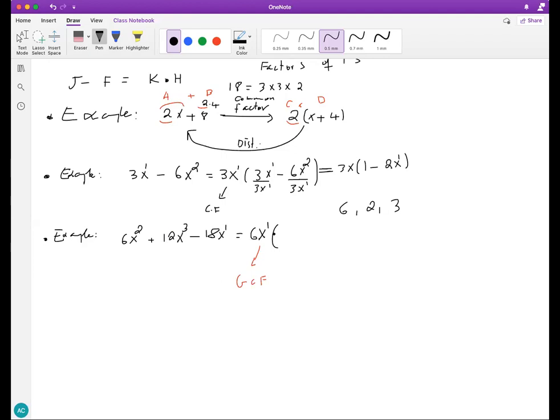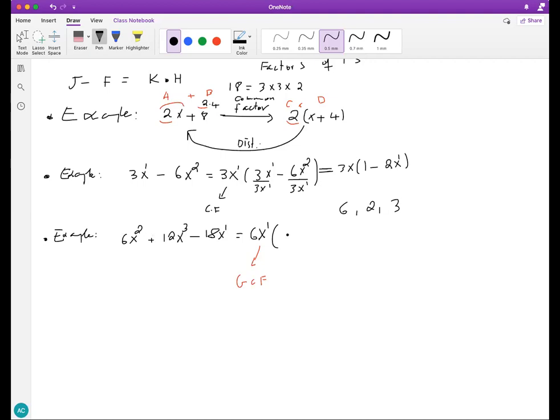We put 6x to the second power. What do we do with these 3 terms and the common factor? We divide each one of them by the GCF.